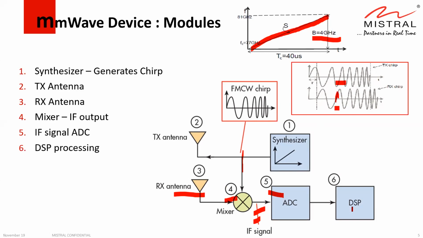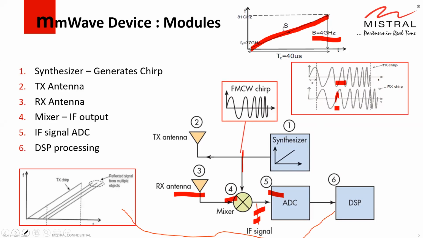The DSP is used to process algorithms like the FFT and others to find the targets. Here, this is the transmit chirp, and the received reflected pulse is plotted with respect to the DSP processed data. You can see multiple targets.